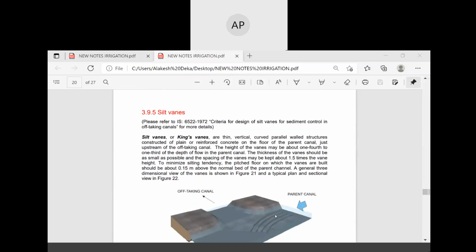Next one is sill vents. What are sill vents? These are thin vertical curved parallel wall structures constructed of plain or reinforced concrete on the floor of the parent canal, just upstream of the off-taking canal. The height of the vents may be about one-fourth to one-third of the depth of flow.